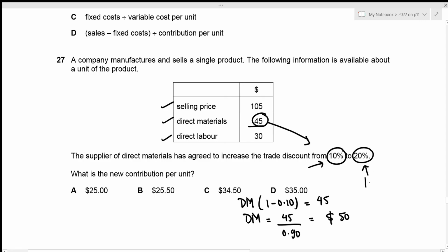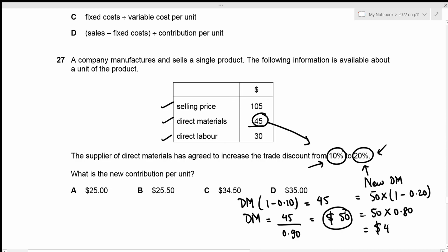So the new direct material cost is just going to be 50 times 1 minus 20%, which you can write down as 0.80. That's 50 times 0.80, which results in the new direct materials per unit having the value of 40. So instead of 45, we now need to use the value of 40.